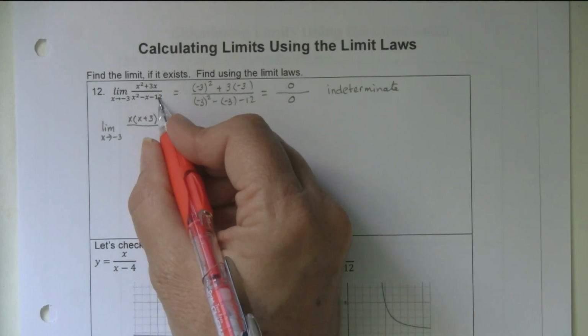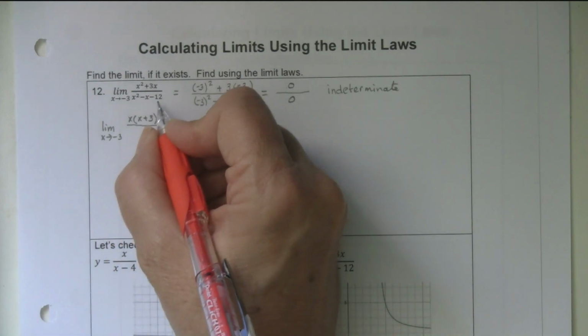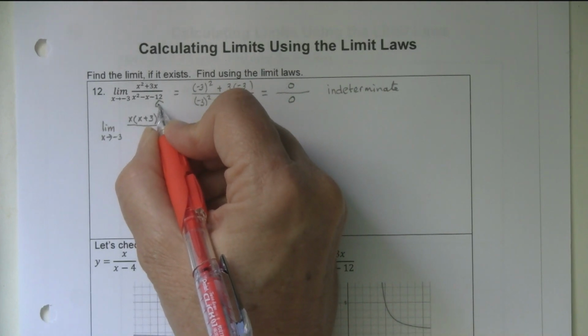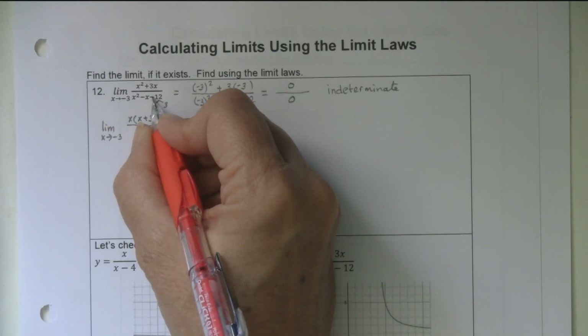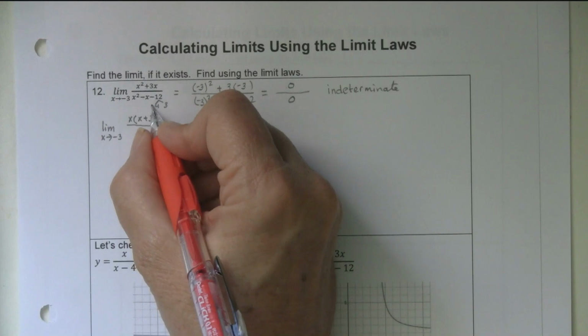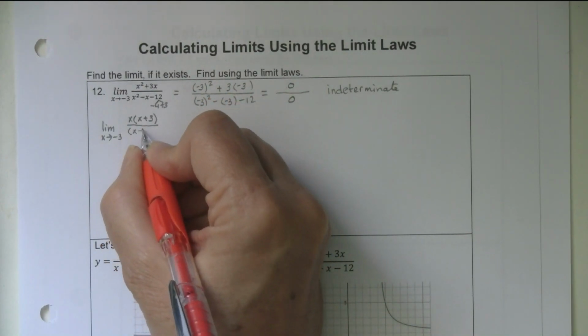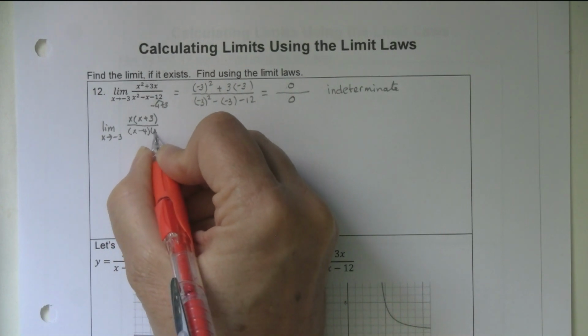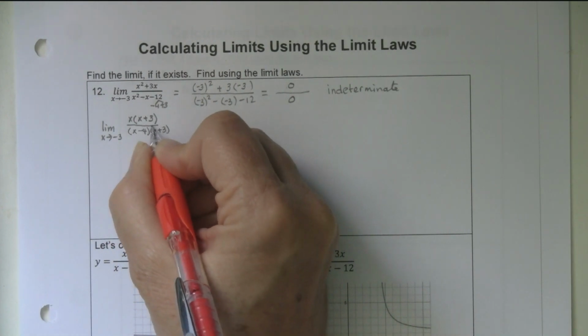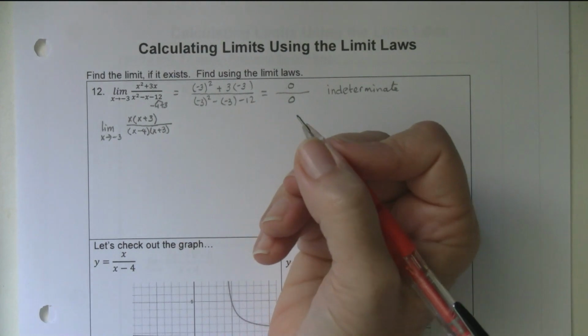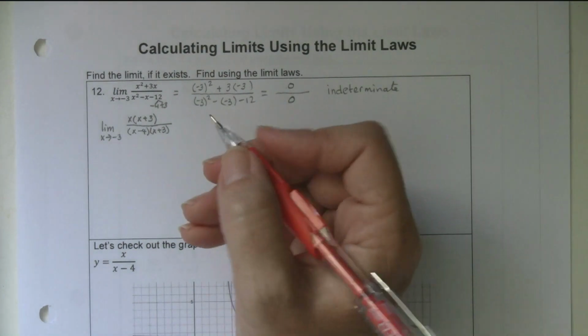So when I factor that, let's see, to make 12, 4 and 3, right? Make 12. And yes, when I subtract them, I get 1 here. So I want a minus here and a plus there. So I think I want this to be x minus 4, x plus 3. So the x plus 3's will cancel out.